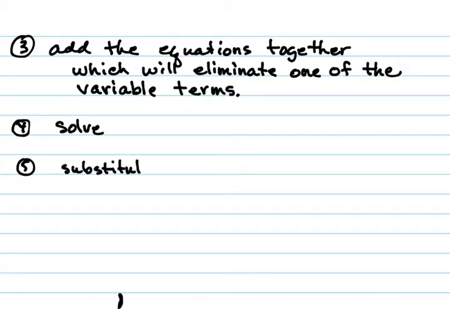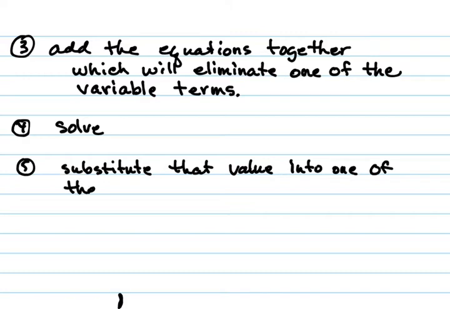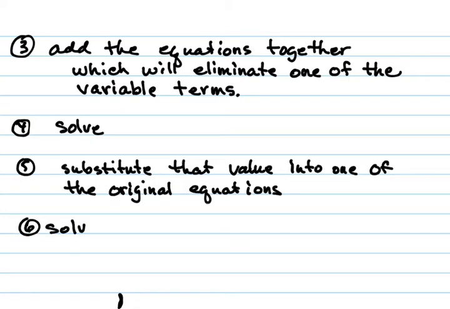Substitute that value into one of the original equations and then solve to find the other value. So substitution is still a part of this, but you won't be doing any substitution until after you use the elimination to solve to find one of them.